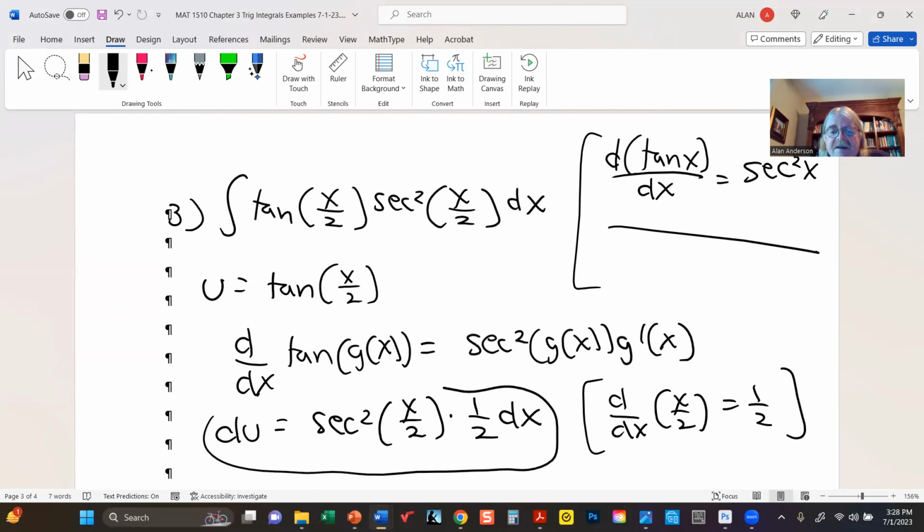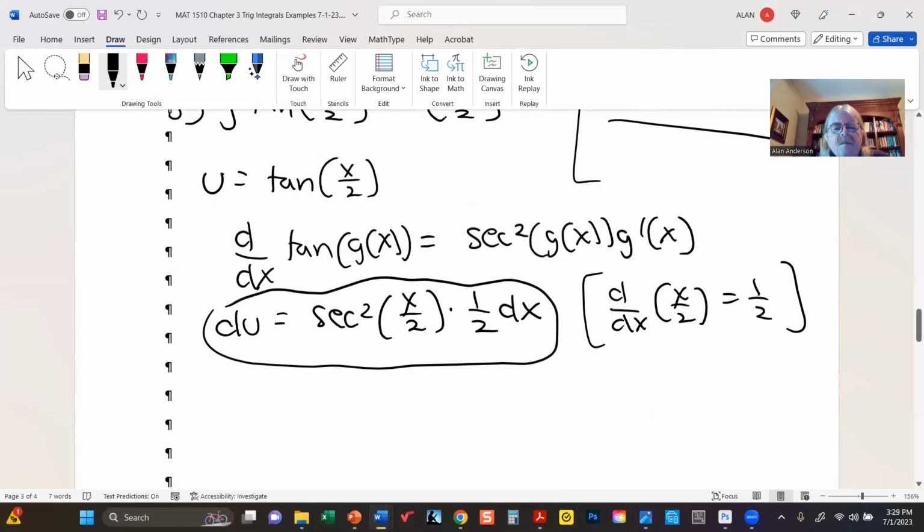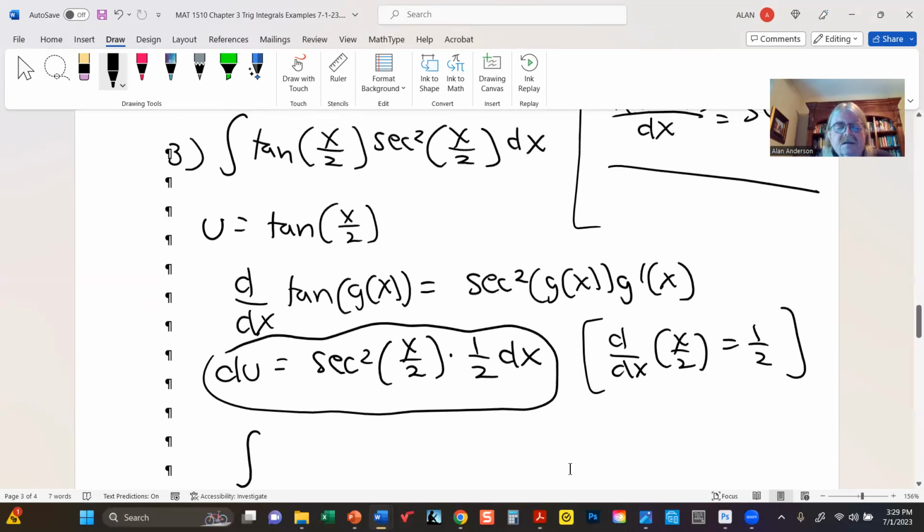Now, do we actually have that in our integral? Not exactly. We're close. We can provide the missing constant. It is not difficult. We've done it many times before. So here's what we'll do. We'll multiply the outside of this integral by 2, and the interior times 1/2.